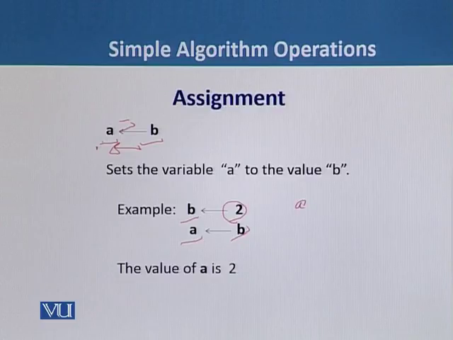For example, if A is equal to B, and B is equal to C, then obviously we all know that A will be equal to C. So in this example, if B is set to the value of 2 and A is set to the value of B, it means that A has the value of 2, because B is equal to 2 and A is equal to B.